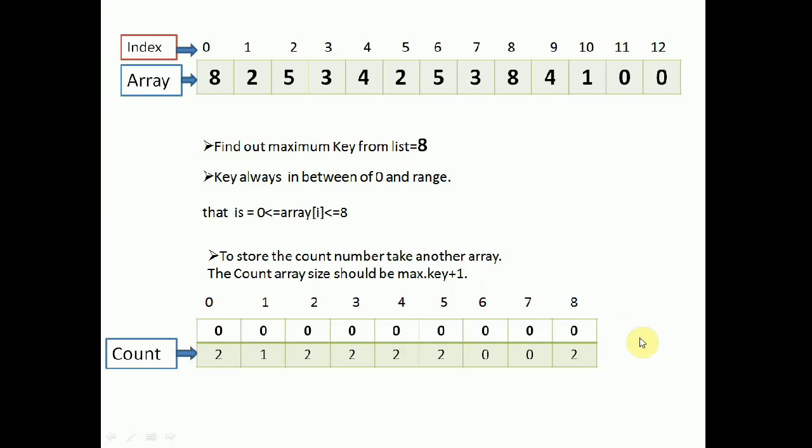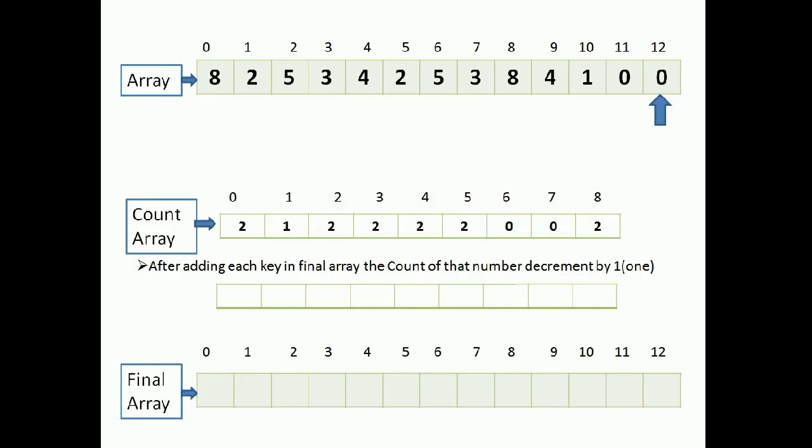Okay, next, how is it sorting? Next slide. Here is the actual topic. The first array is the initial array, which is the array we are taking at the start. Next, this is the count array that we showed in the previous slide.